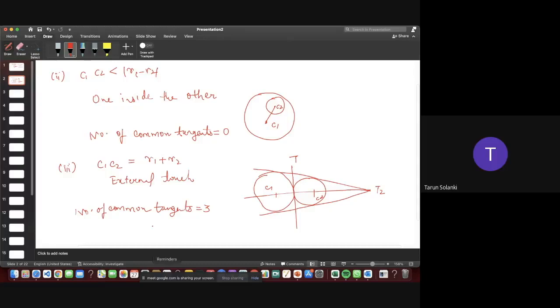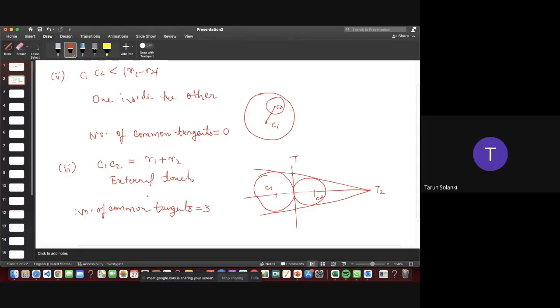So in the second case, what we have done, C1C2 is less than R1 minus R2. Where the first circle is here and the second is inside, so the position is one inside the other. So here we are not getting any common tangents. The number of common tangents will be 0. Similarly, for the third case, C1C2 is equal to R1 plus R2, right?